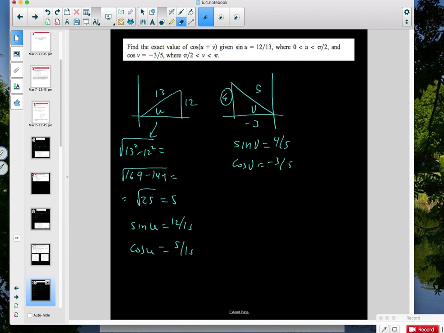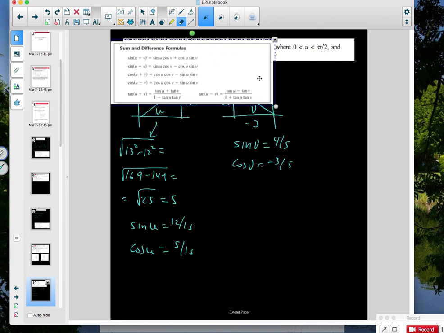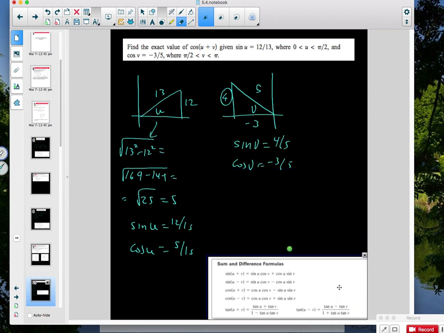Okay, and very easily we have cosine of u plus v. Cosine of u plus v is going to be cosine of u cosine of v, the plus becomes minus, sine of u sine of v.